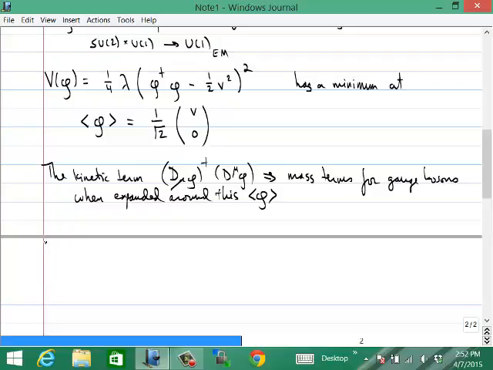So D mu phi, what is that? Well, that's the ordinary partial derivative of phi plus a gauge coupling term. The Higgs field phi is charged under both SU(2) and U(1), so it couples to the SU(2) gauge field via some representation matrices T^A, as well as to the U(1) gauge field.